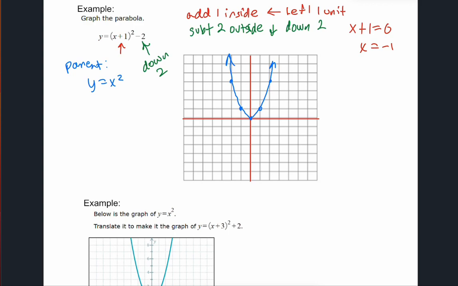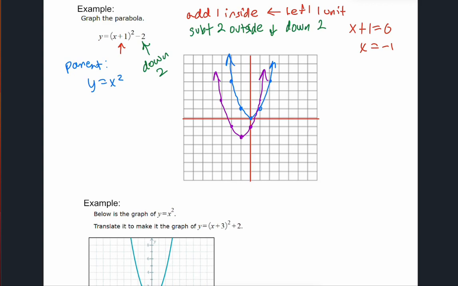So let's do that. Just take each point, left 1, down 2. So the vertex is now at the point -1, -2. And you can just move all of them. Left 1, down 2. Left 1, down 2. Left 1, down 2. Left 1, down 2. And look at how easily we got our graph.